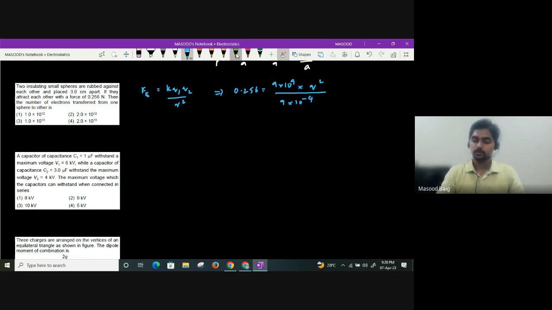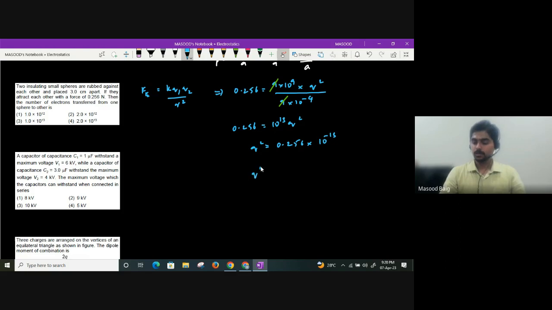Okay, so from this, the 9 and 9 cancel. So what remains? 0.256 into 10 power minus 4. If I send this to the numerator, 0.256 will be equal to 10 power 13 into q square. So what will the q square value be? It will be 0.256 into 10 power minus 13.